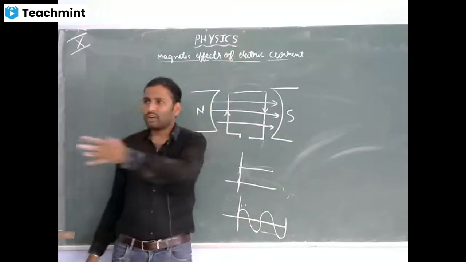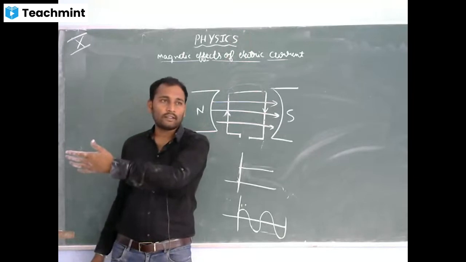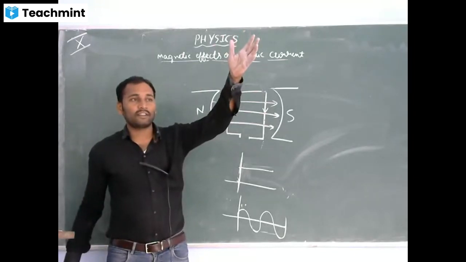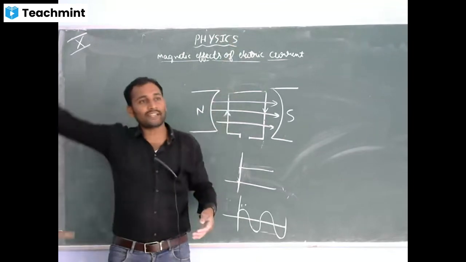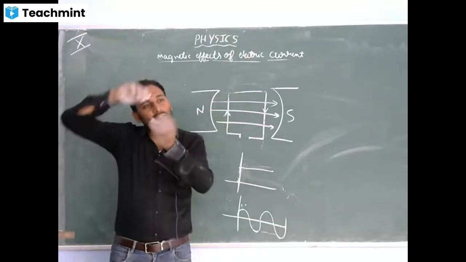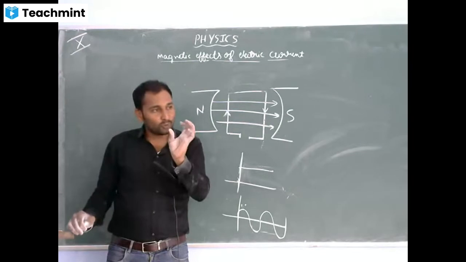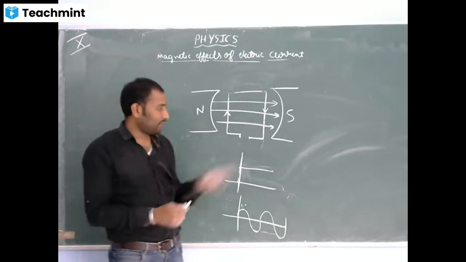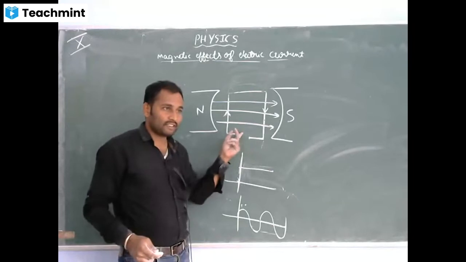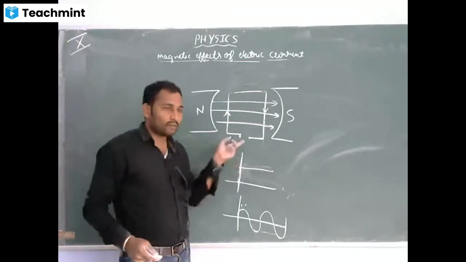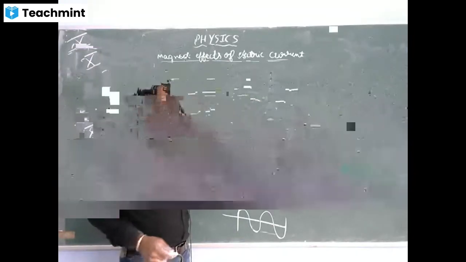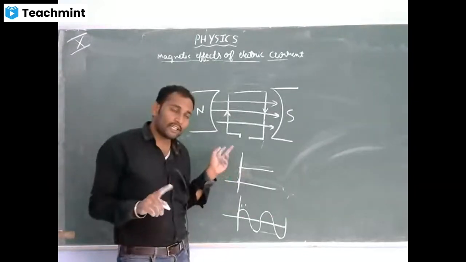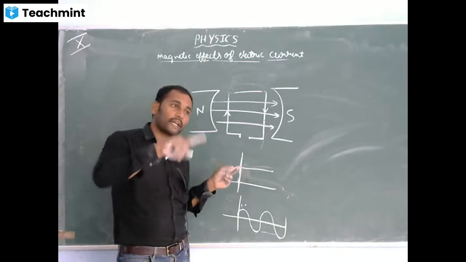So you know the current we are using at home is AC, correct? But the device we are using in a fan is DC. When AC current comes to a DC motor, it would have to move in two sides. See, what we have used here is DC, a battery. The current flows from positive to negative only. But if I use AC, first it will go positive, next it will go negative.